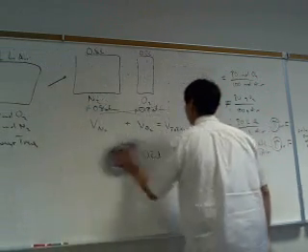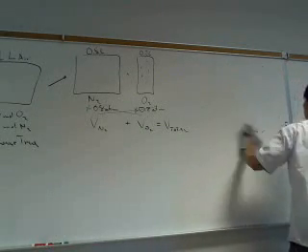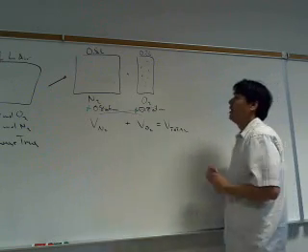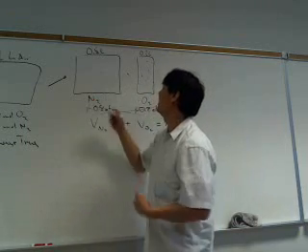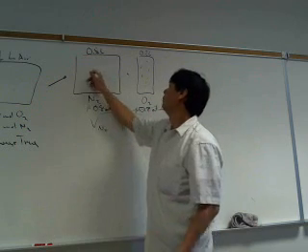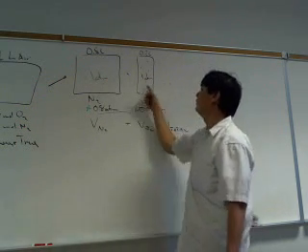Here, let me erase this for a second. And what we have to have here is, do you see this box is smaller? Because we end up having 1 atmosphere of O2 and 1 atmosphere of N2.